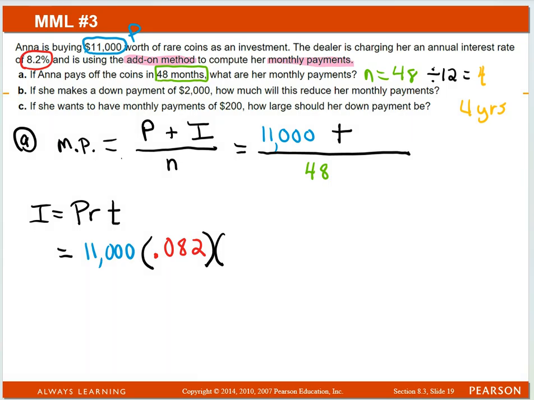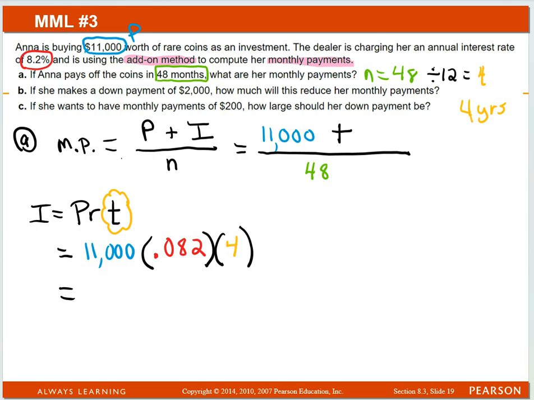But if they had told me it would have been 60 months, I would have taken 60 and divided it by 12, and I would have gotten a 5. So remember, for the time, it does have to be in years. So I had to figure out how many years is 48 months. Just divide it by 12. I grab my calculator.